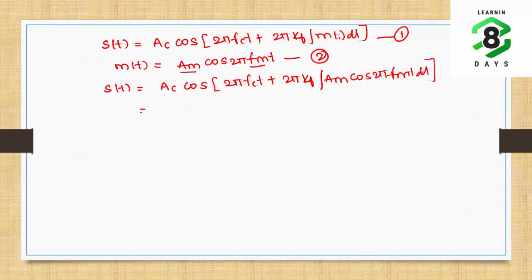As we know, the integral of cos is sine. In 2π k_f A_m, A_m is anyway a constant, and the integral of cos is sine, but the constant factor comes as 1 by 2π f_m into sin(2π f_m t).